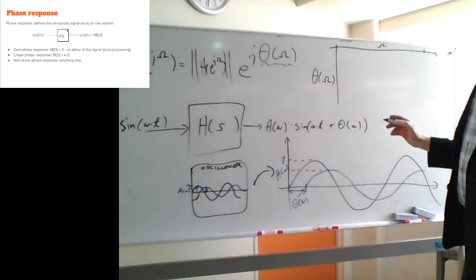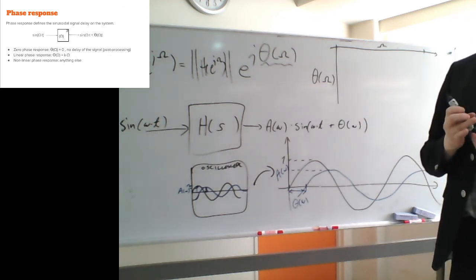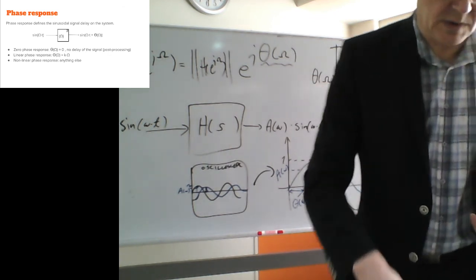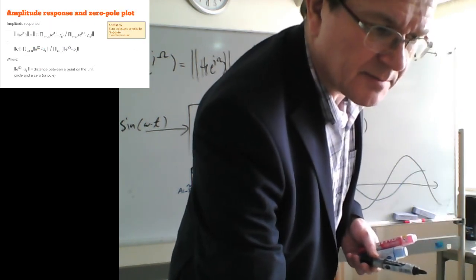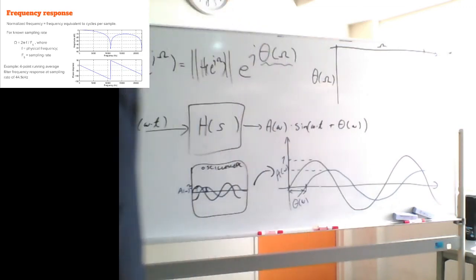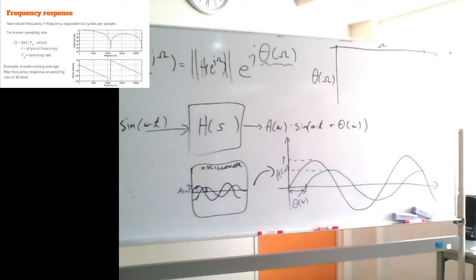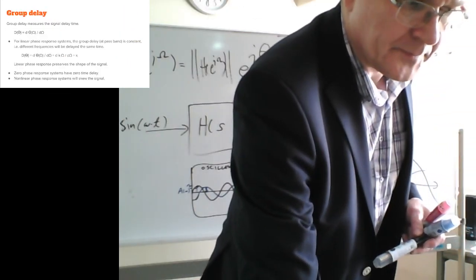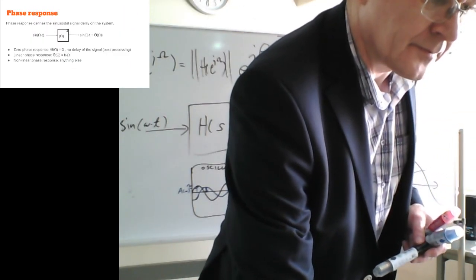So linear phase response. Remember a couple of slides away there. Can we actually return to those? Yeah. That's the frequency response for the 4-point running average. That looks linear. And yes, it is linear. Good thing.